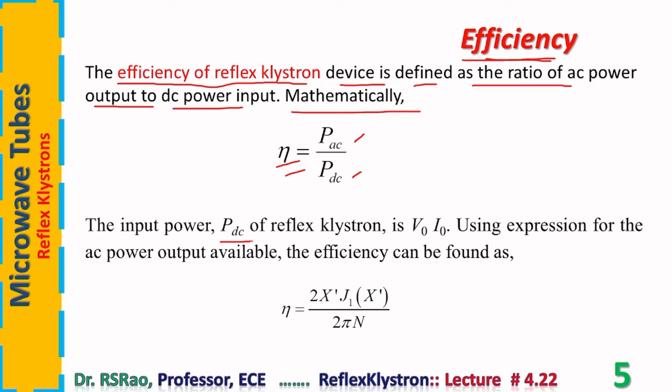PDC, or power input to klystron, is V0 I0. V0 is accelerating voltage, I0 is beam current. Using the expression for AC power output available in the previous slide, the efficiency can be found as eta equal to 2 x prime J1 x prime by 2 pi N.